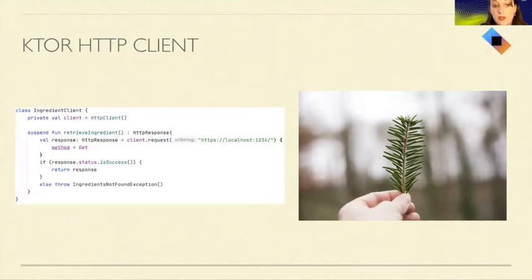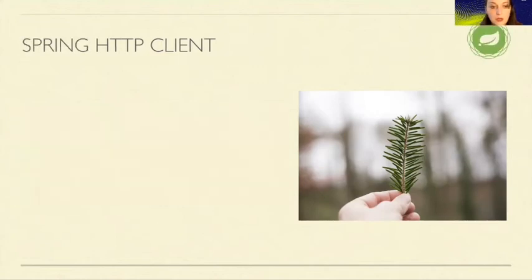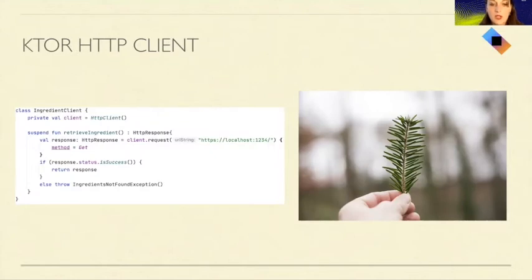There you have a client, which is, again, depending, maybe here the name of the class is not very suitable, but still this client will depend on an HTTP client, where I can do my request that I'm configuring using a code block. A code block where I say that my method is a get, for instance, on that URL. And when my status is successful, for instance, then I will return the response. There you have some utility methods that can be very useful.